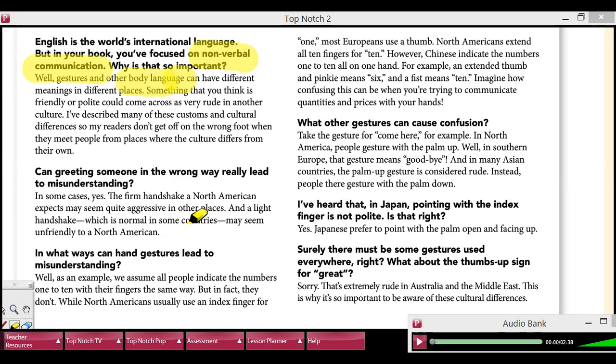Hello, Nicole. Did you find something about body language? Okay, wait.